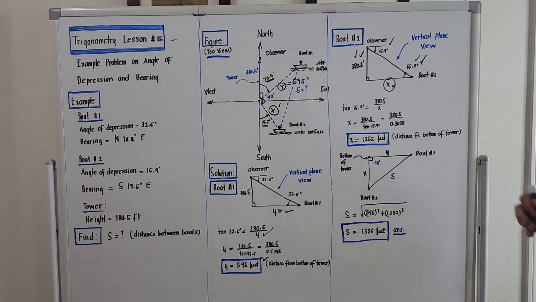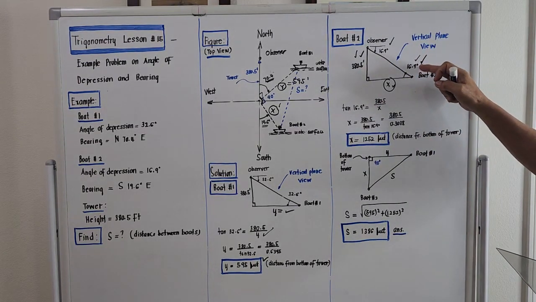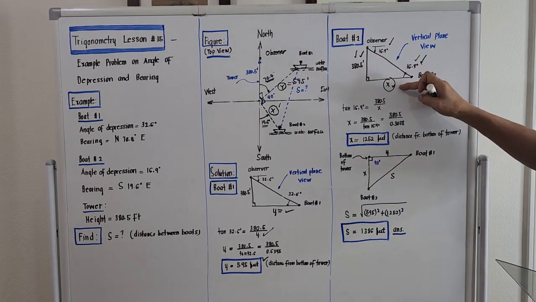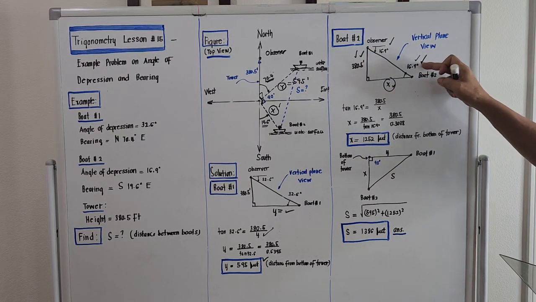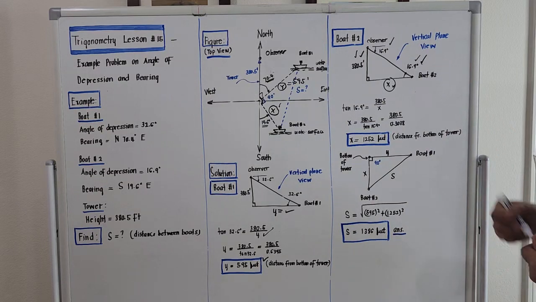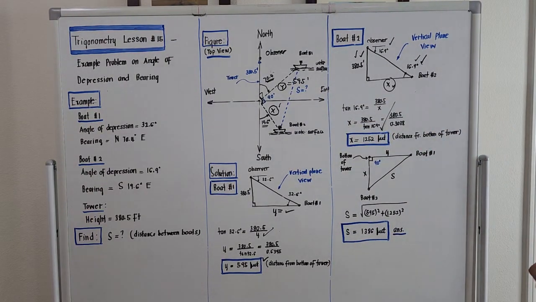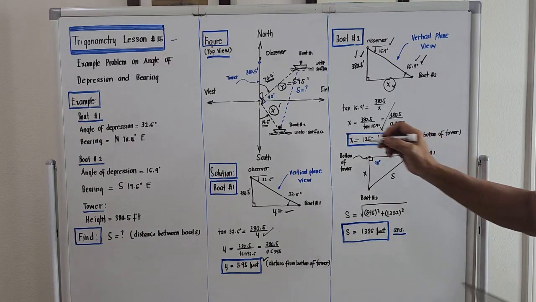And again, the relation of x and this one is tangent. Considering 16.9, this is opposite, this is adjacent. So taking the tangent of this one, it will be 380.5 over x, and we could compute for x. X now will be 1252 feet. Okay, so this is 1252 feet.